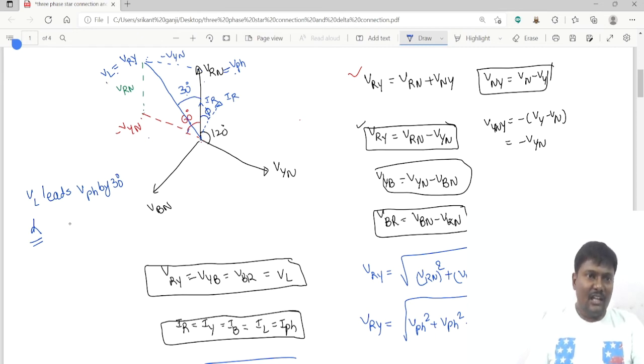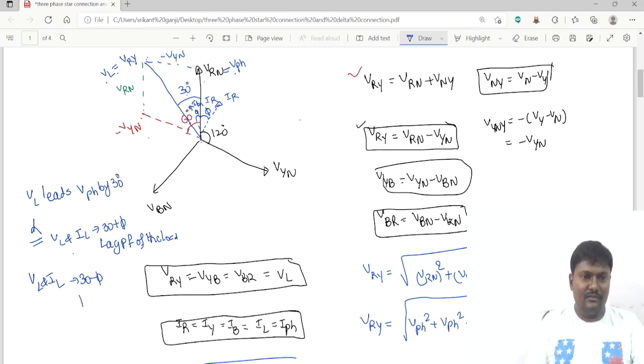The angle between the line voltage and line current is 30 plus phi for a lagging power factor of the load. If it is a leading power factor, the angle between VL and IL, so this is IR, is 30 minus phi.